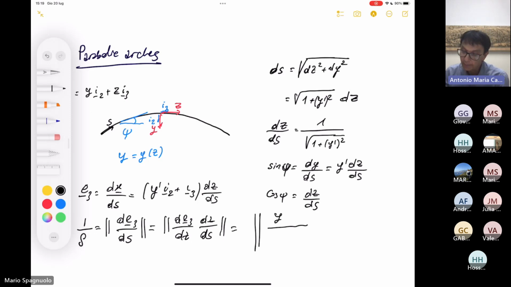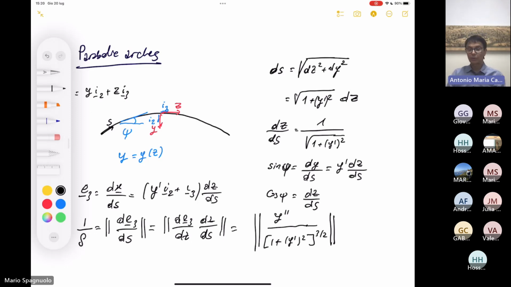It is a bit cumbersome: y second over 1 plus y prime squared, to the power 3 over 2.